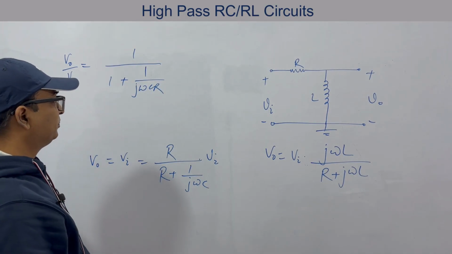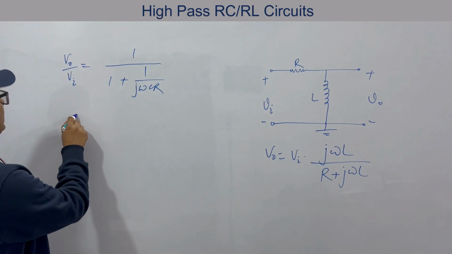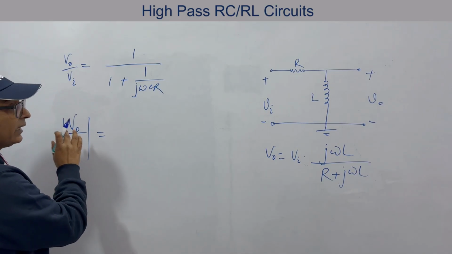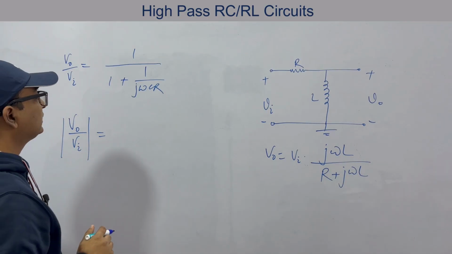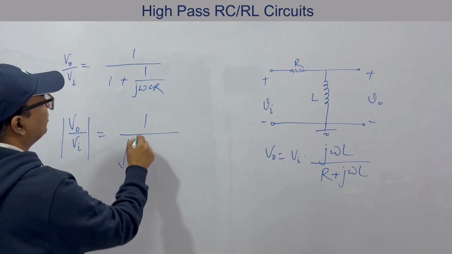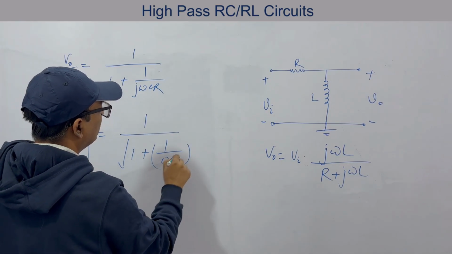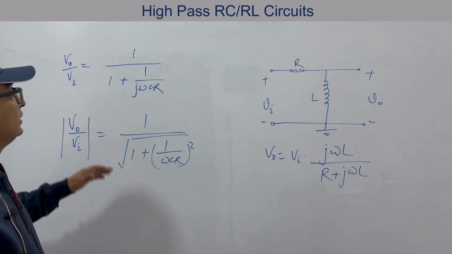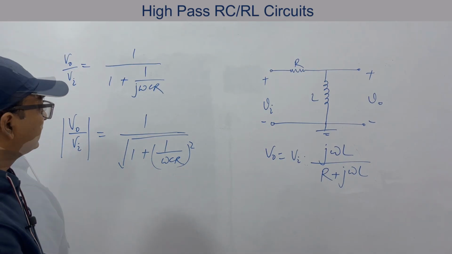The result will be same. Okay. So if you take the modulus, or you want to see the actual gain, V output by V input, the gain modulus of this, what you'll get? You'll get 1 by root over 1 plus 1 by omega C R whole square. This is what? This is transfer function. Okay, so this is V output by V input, 1 by this thing.